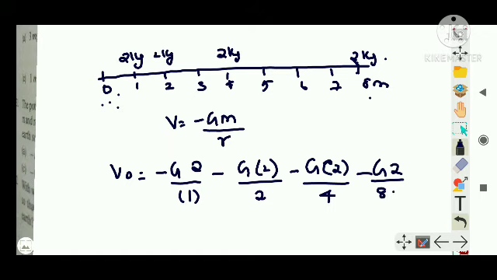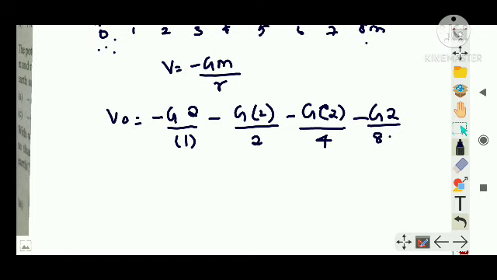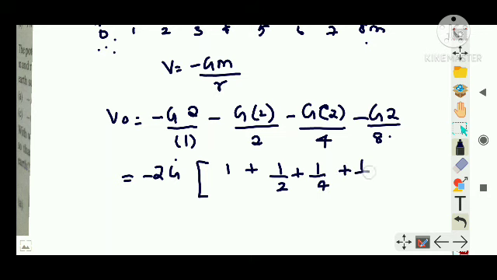Clear? So here I can take minus 2G as common, so I can write 1 plus 1 by 2 plus 1 by 4 plus 1 by 8, and this goes on till infinity.